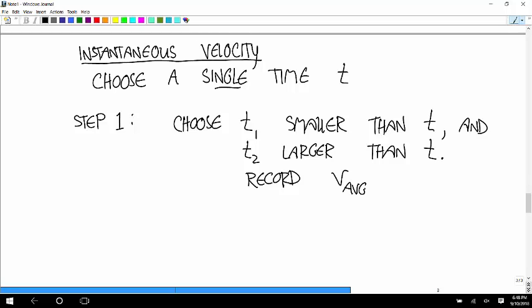It doesn't matter what those two values are, but you have one on one side of t and one on the other side, and now you calculate the average velocity and write it down.